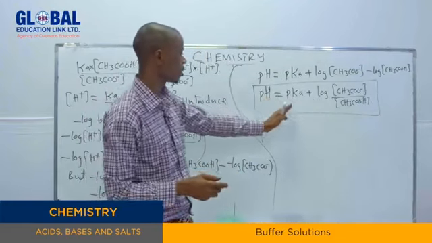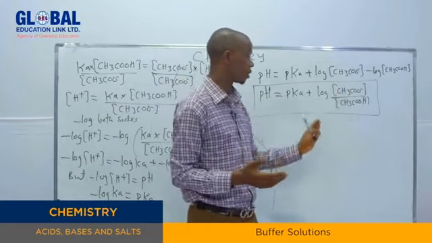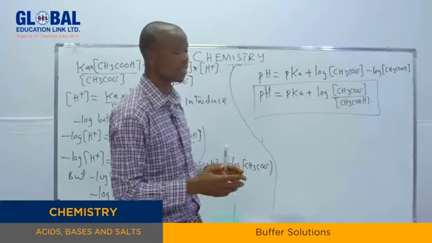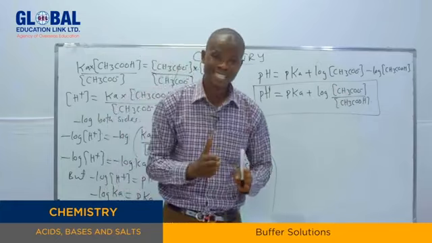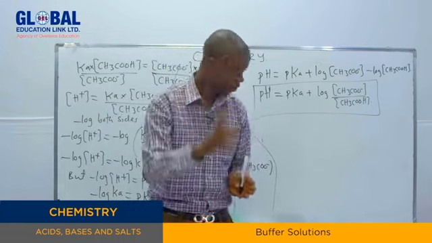It is the pH equation for the acidic buffer solution, also called the Henderson-Hasselbalch equation. It is used when the ratio of the acid and the salt is 1:1 only.